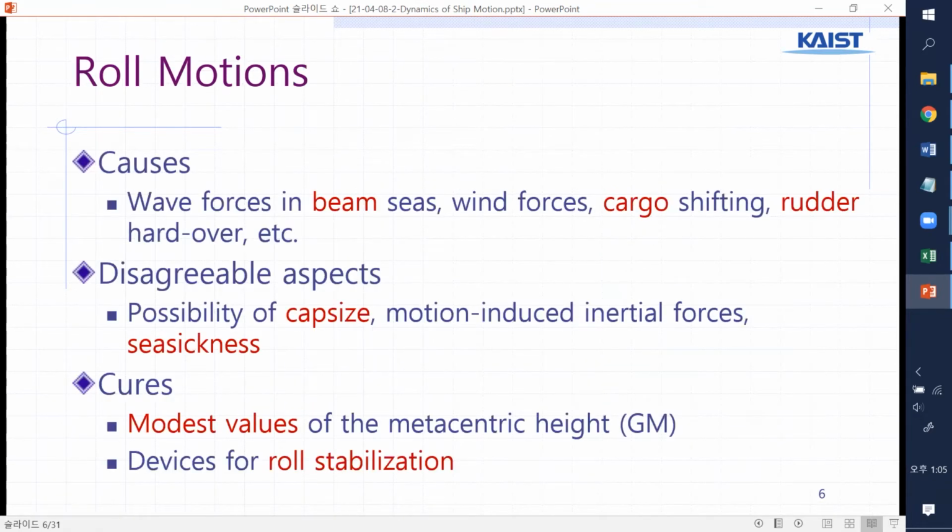Roll motion comes from wave forces, especially beam sea, which means the wave is coming from the side rather than from the front. The crest line is parallel to the ship length, so the wave is coming from the side. We call this a beam sea, and it can cause roll motions. Also wind forces and cargo shifting. Cargo is moving. We heard, for Korean students, that one of the reasons for capsizing of the Sewol is cargo shifting, containers and cars inside the Sewol.